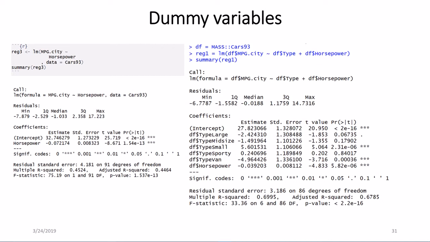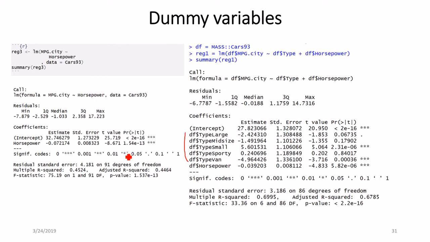On the left side, the regression model has only one independent variable, which is horsepower. On the right side, we add another variable, namely type. Looking at the coefficients section, we can see each categorical value is now one of the dummy variables.